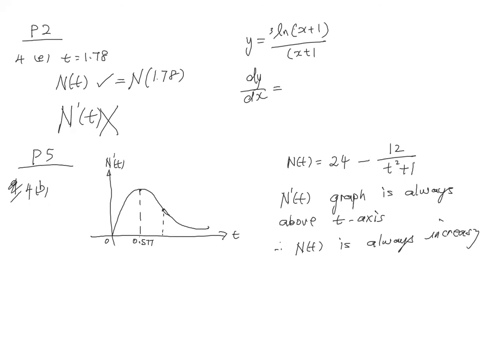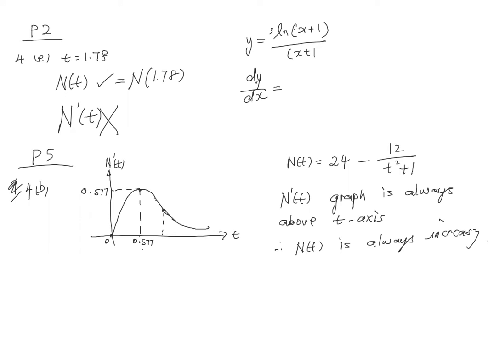But you look, the rate starts from 0, goes up to a maximum at 0.577. Then after that, the rate at 0.577 decreased.